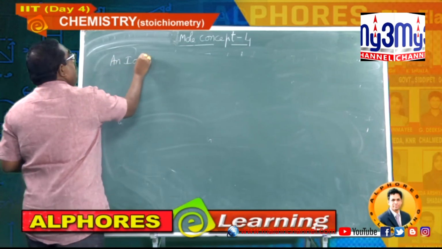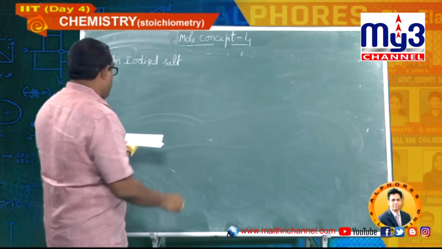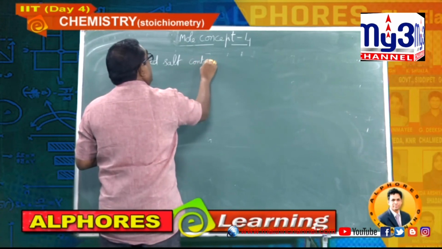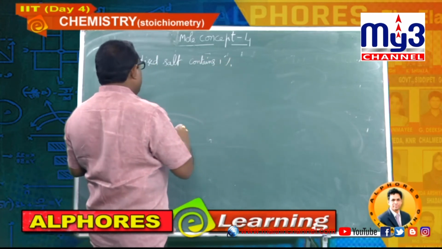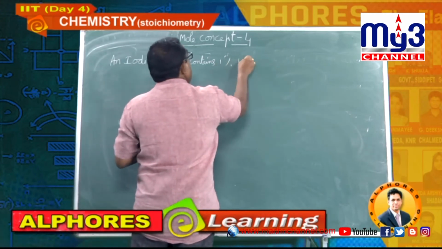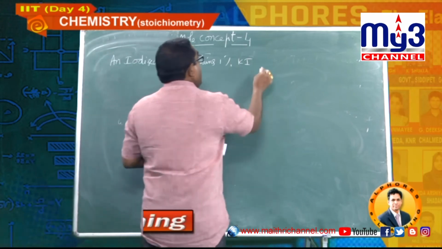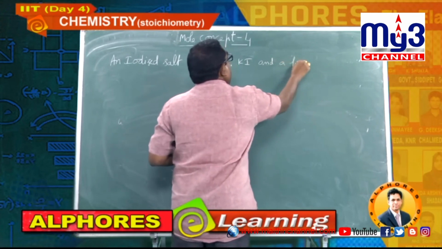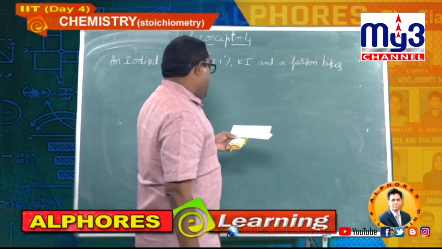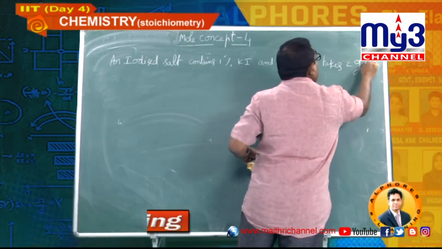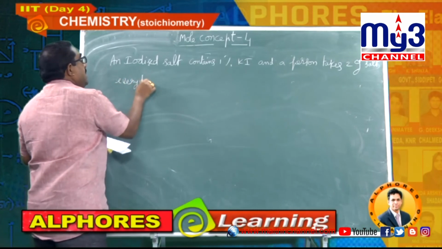An iodized salt contains 1% potassium iodide, and a person takes 2 grams of salt every day.